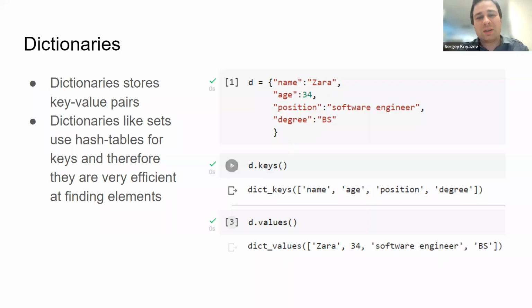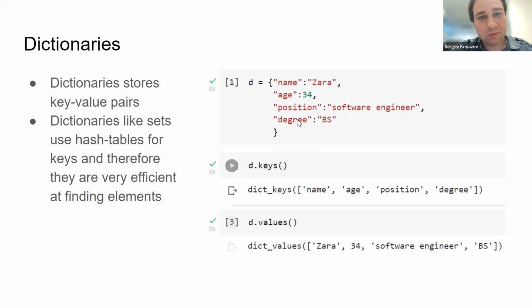Dictionaries are a slightly extended version of the set, because they can store not only keys but key-value pairs. They also use hash sets for keys, and therefore they're very efficient in finding elements.